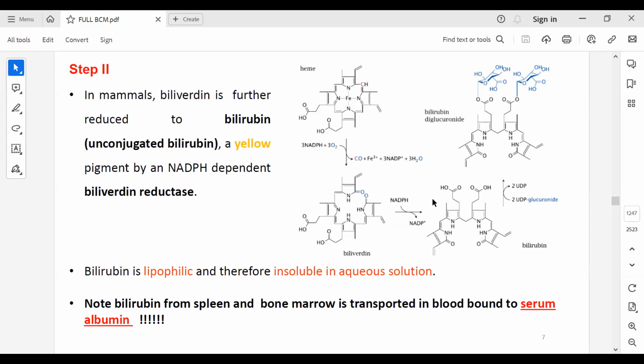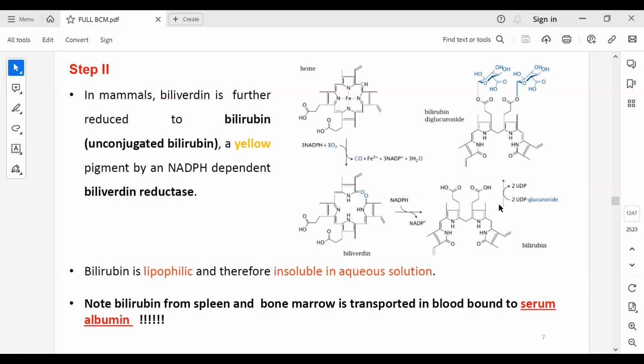This is NADPH dependent, because we need to add hydrogen. So now you see where we generated our NADPH from all those metabolic pathways. We also use it to reduce glutathione, and to reduce biliverdin. So these reducing factors which we've been generating are very, very important.